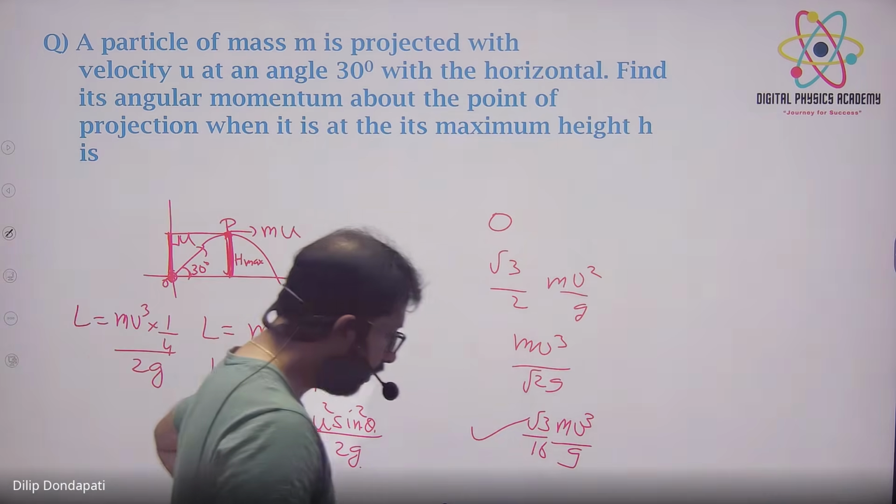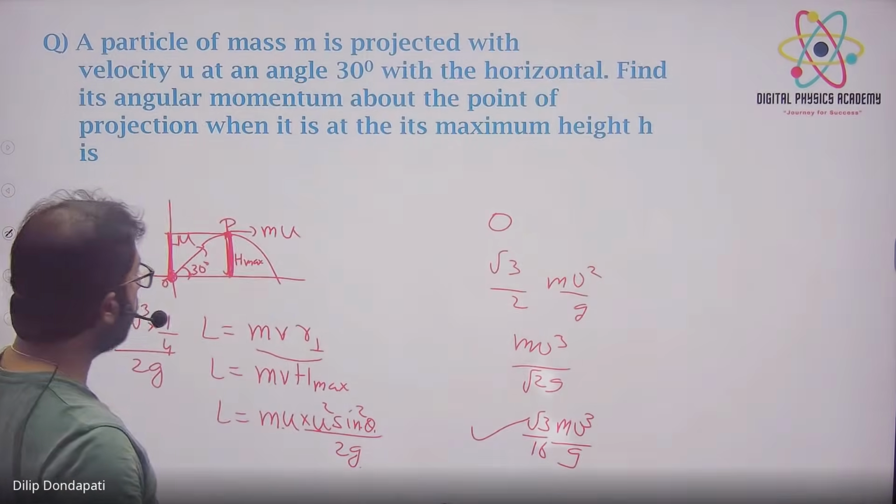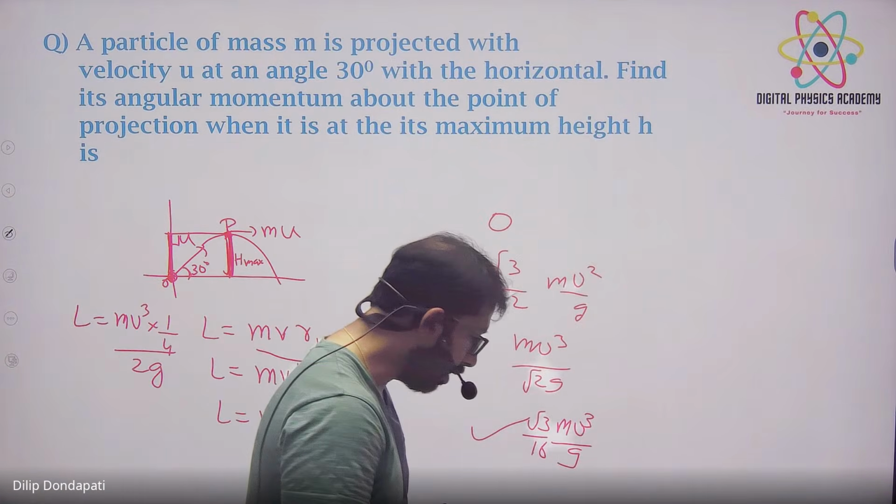Yeah. So कितना होगा? Answer is you get mu cube by 8g. And okay. m ux is how much at that point में? At that point में ux is how much? u cos theta.